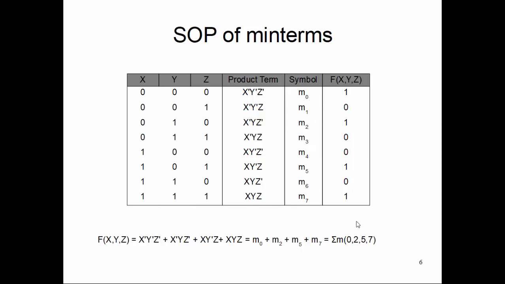So this function becomes sigma of m 0, 2, 5, and 7. That is how you write your sum of product expression, in its most compact form using the sigma notation.